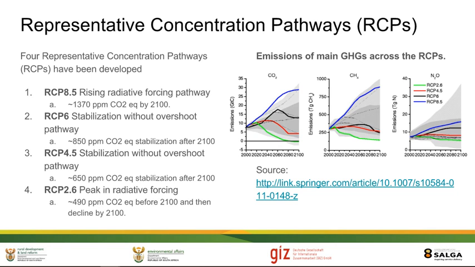RCP 4.5, which will result in 650 ppm carbon dioxide equivalent by year 2100. This pathway is shown in red on the graphs. RCP 2.6, the most optimistic, which will result in 490 ppm carbon dioxide equivalent before year 2100, and then decline by year 2100. This pathway is shown in green on the graphs. It's obvious that the more carbon dioxide equivalent in the atmosphere, the more severe the impacts of climate change will be.